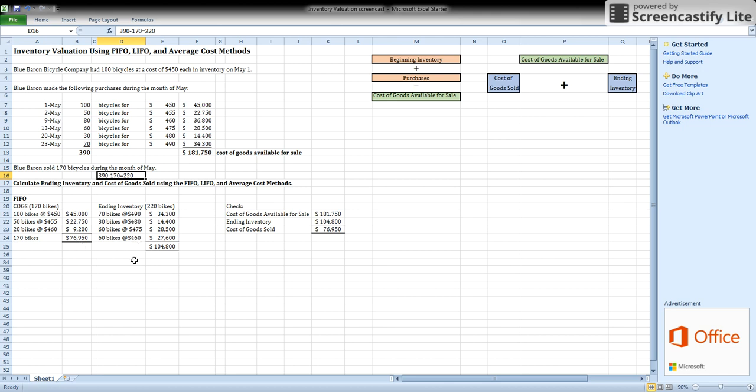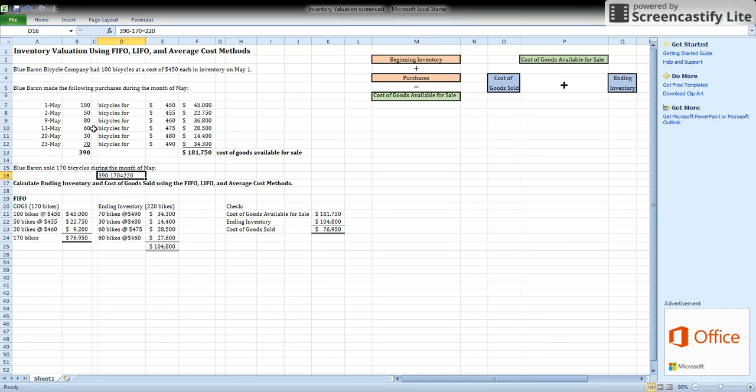Now we can look at our ending inventory. And we know our ending inventory is 220 bikes. So if we're using first in, first out, and we know that the first things that we purchased are the first things that were sold, the last things that we purchased are what is remaining in inventory. So we can calculate that. The 70 bicycles that we purchased for $490 on May 23rd are still all in ending inventory. And the 30 bikes we purchased on the 20th at $480 a piece are all still sitting in ending inventory.